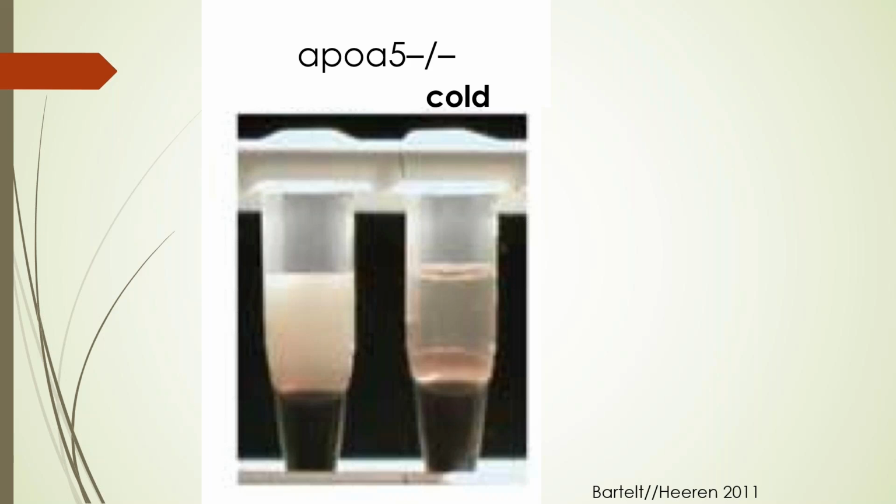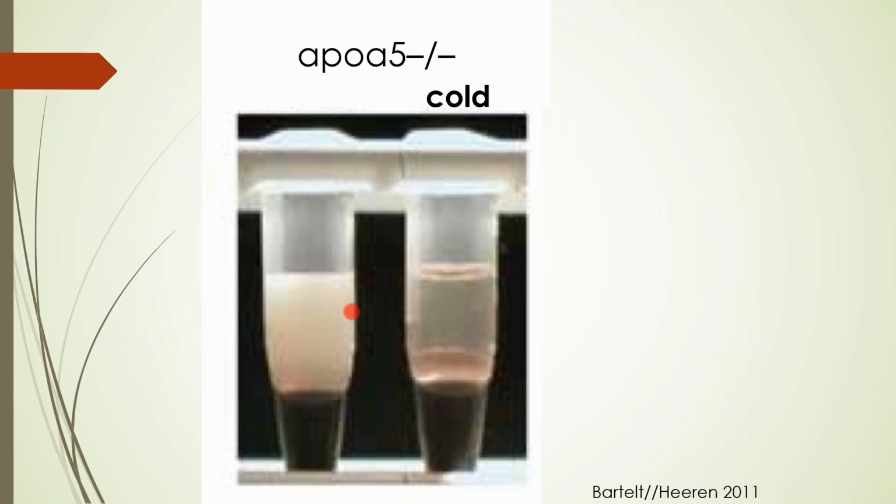In mice lacking this gene, if you see this Eppendorf in which the serum is collected, you can see it is quite turbid. This turbidity is because of lipid content in the blood. So they are hypertriglyceridemic animals.